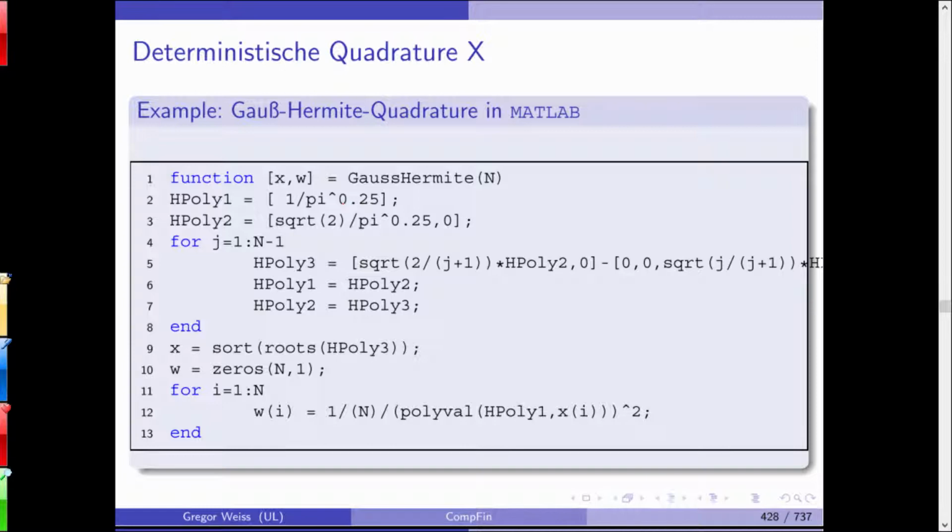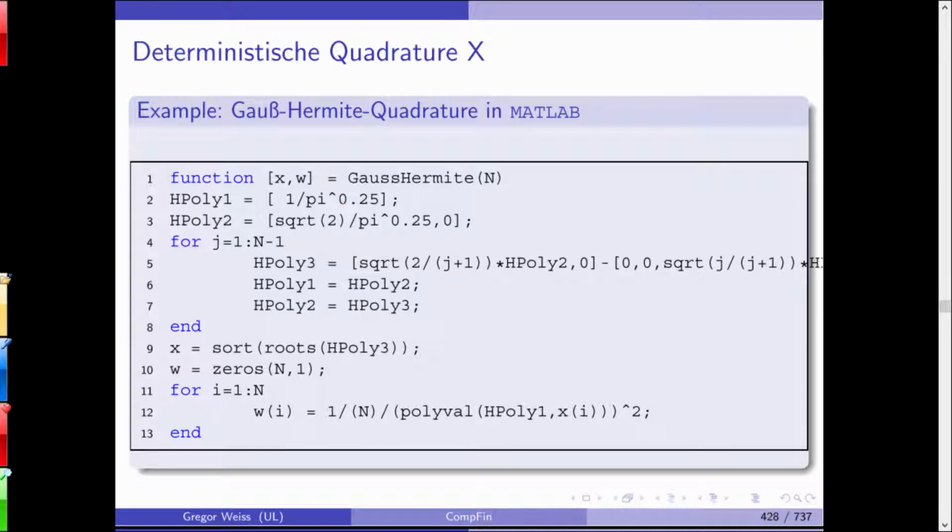So we run the recursion 20 times, and then we take roots of H poly 3, which means that we take the last polynomial, which is of order 20, and roots will give you the roots in MATLAB. We sort them because we don't want to have 1, 5, 3, 8, 7, 1 again, but we want them sorted, right? The nodes should be sorted 1, 2, 3, or 1.1, 2.7, and so on. So we have the zeros of the Hermite polynomial.